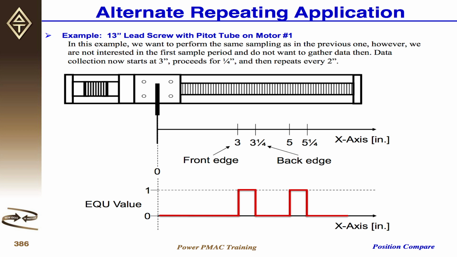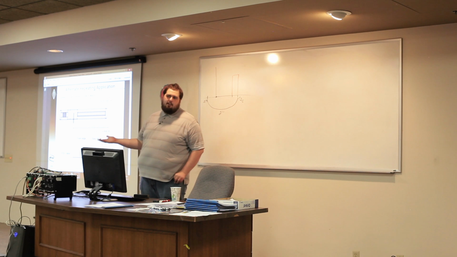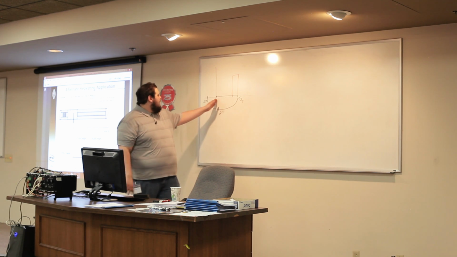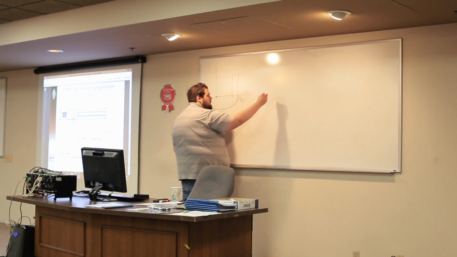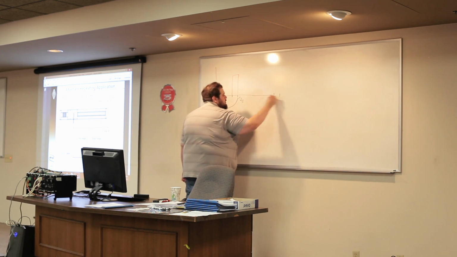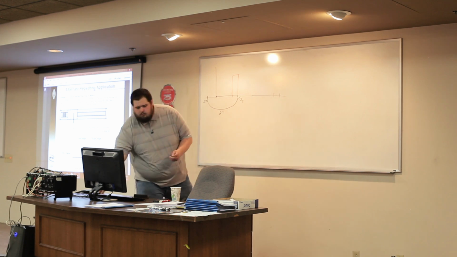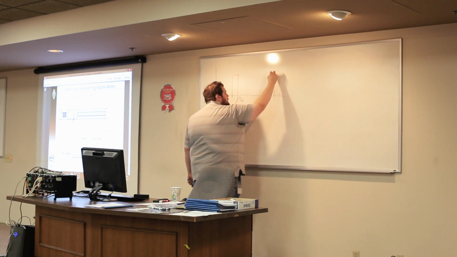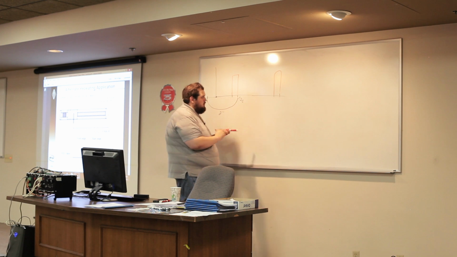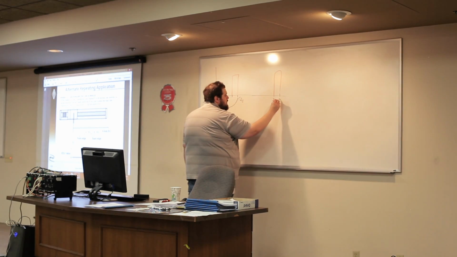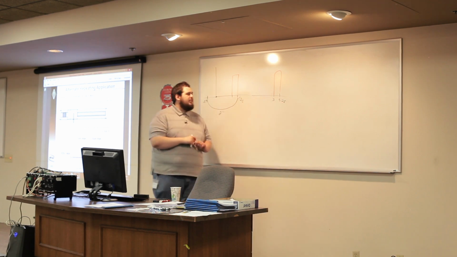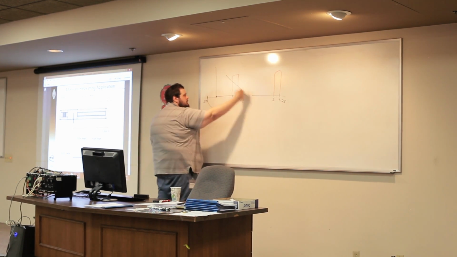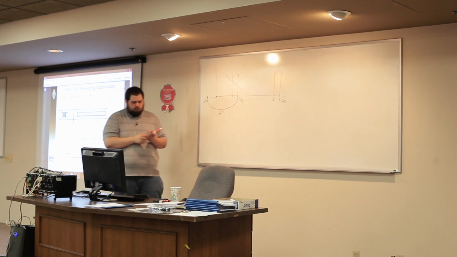In order to do that, if I decrement the comp B register by 2 inches, it's still at 1 1/4, which means my motor's over here, but the pulses I want are those ones, out at 3 and 3.25. I explicitly do not want this pulse at all.